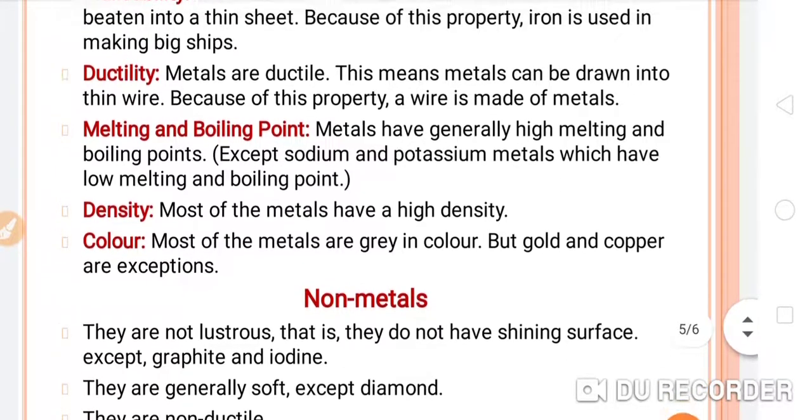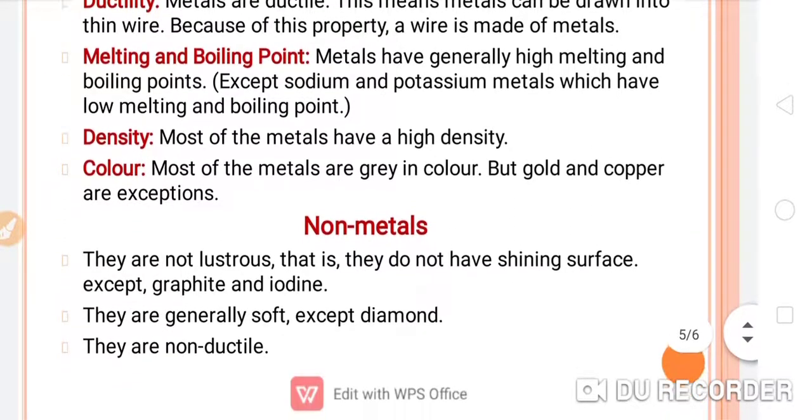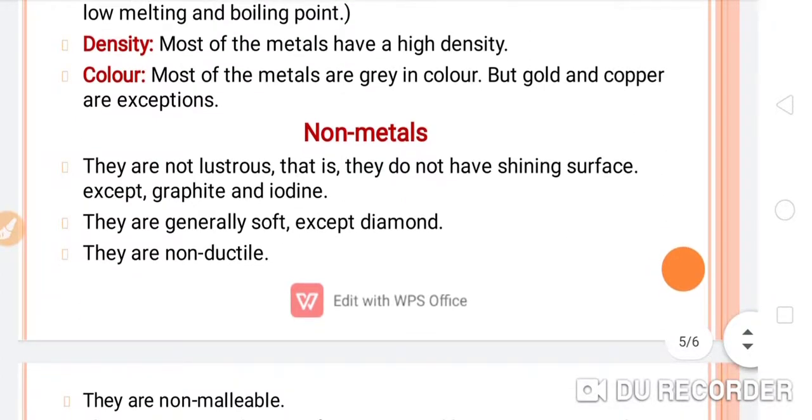So here we have seen a number of the physical properties of metals. Now we are going to discuss the physical properties of non-metals. Number first, they are non-lustrous. That is, they do not have a shining surface except graphite and iodine.